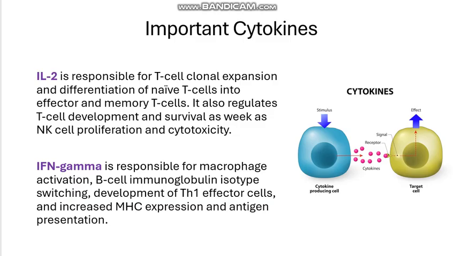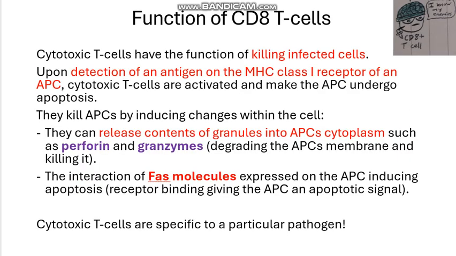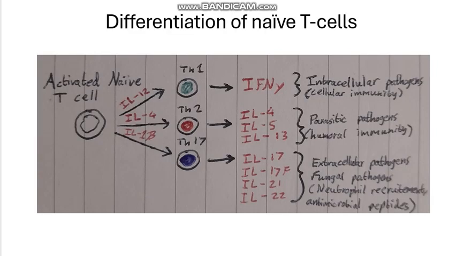The naive T cell responds, has these cellular signals, and differentiates into one of the various kinds of T helper cell that we talked about last one, like Th1, Th2, Th17. And then the effect, once they've differentiated, would be the cytokine that each of these different helper T cells produce. So you can imagine if it became a Th1 helper T cell, the effect would be secreting interferon gamma.